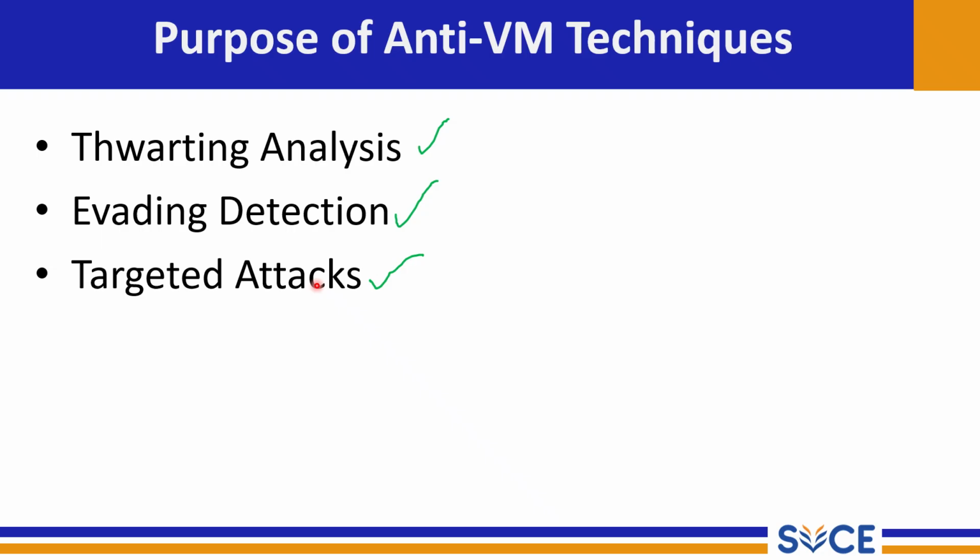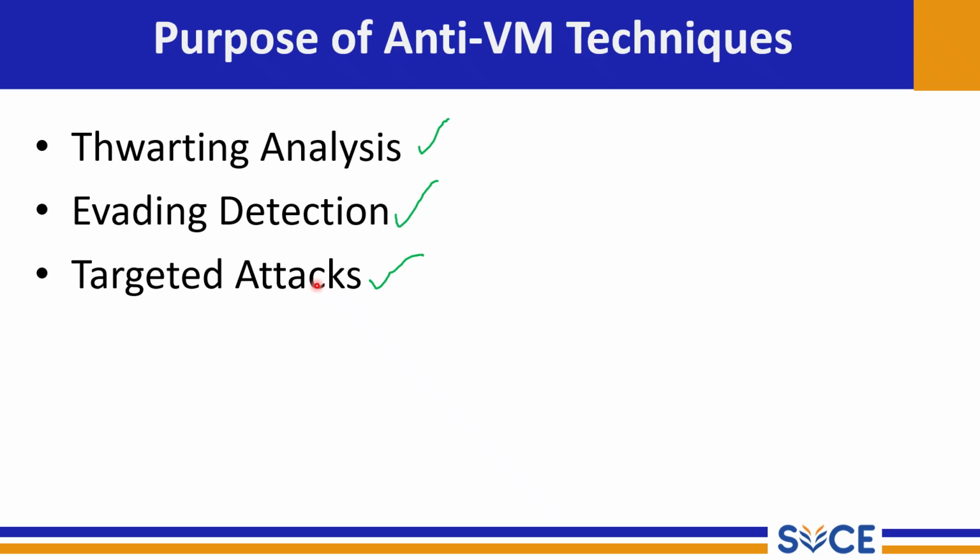And second, evading detection. By identifying that it is running on a physical machine, malware can potentially avoid detection by behavior analysis tools that might flag activity within a VM as suspicious. And third, targeted attacks.